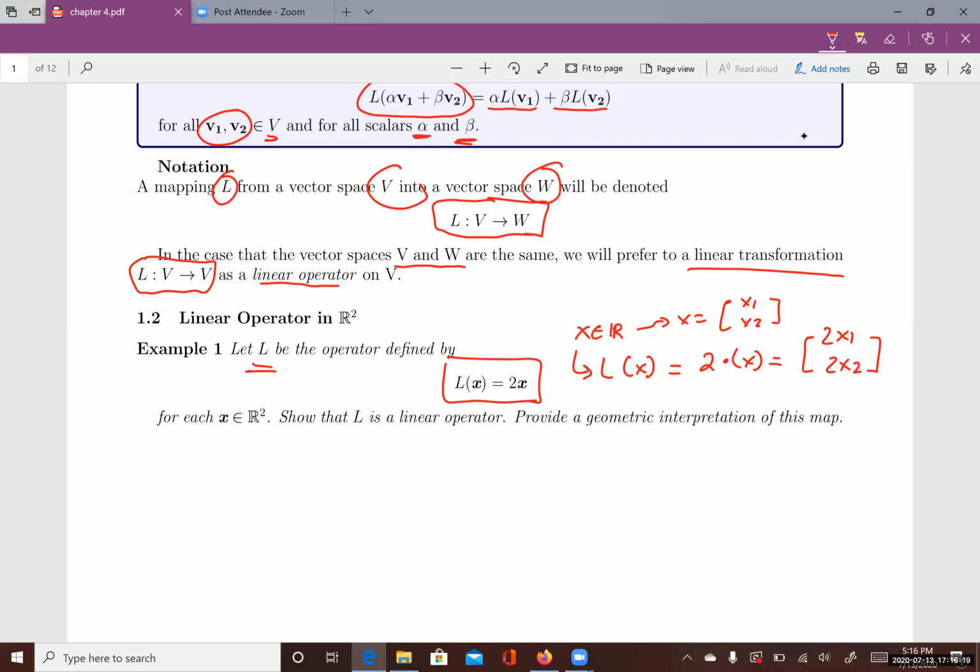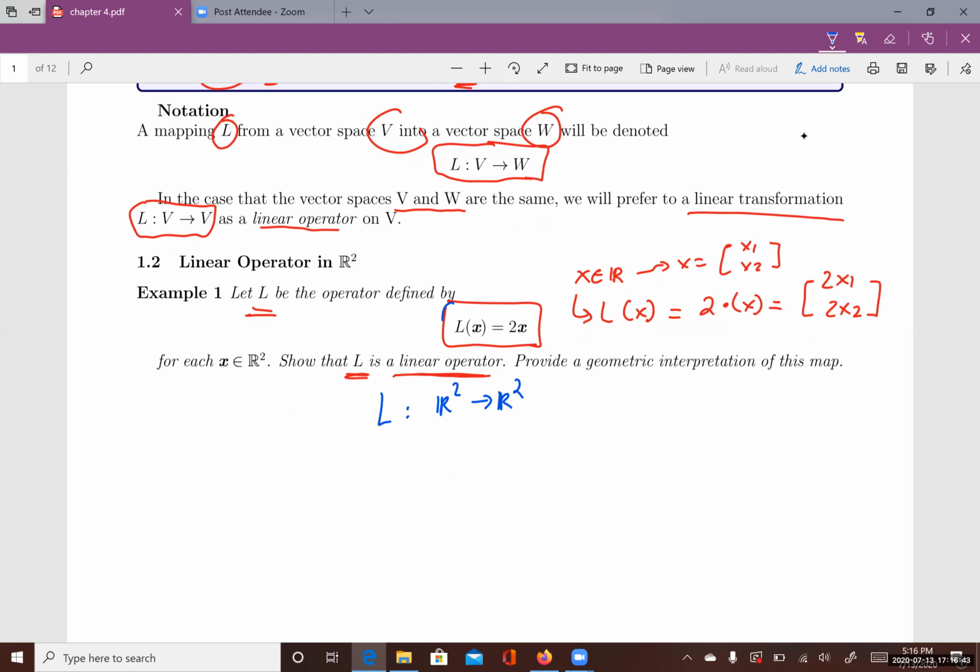Now, we want to show that this map here is a linear operator, which is a linear transformation from R2 to R2. Okay, and you want to provide a geometric interpretation of this map. So I want to rewrite the notation: this map L goes from R2 to R2, and the description of the map is Lx equals 2 times x.